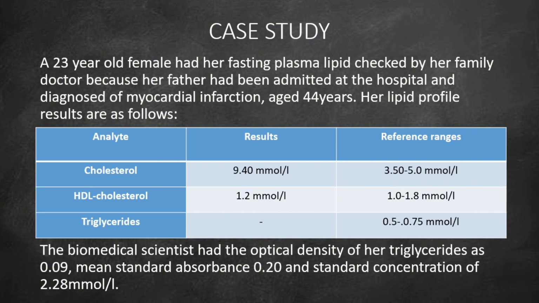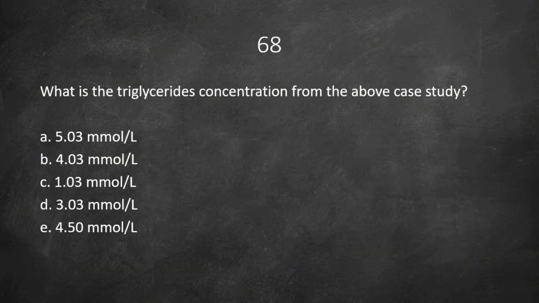So the case study continues and says that the biomedical scientist had the optical density of the triglyceride as 0.09, the mean standard absorbance as 0.20, and the standard concentration of 2.20. So the question then, that's 68, is saying that what is the triglyceride concentration from the above case study?